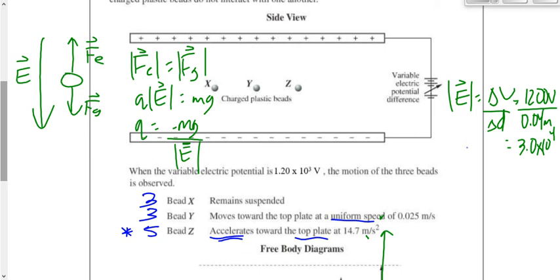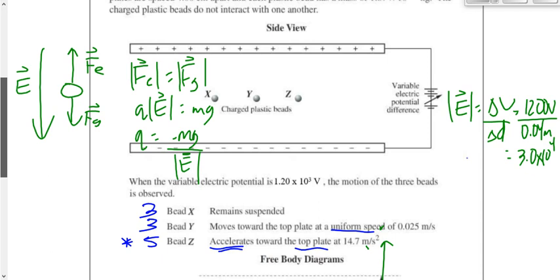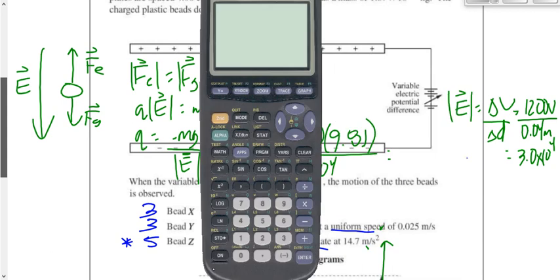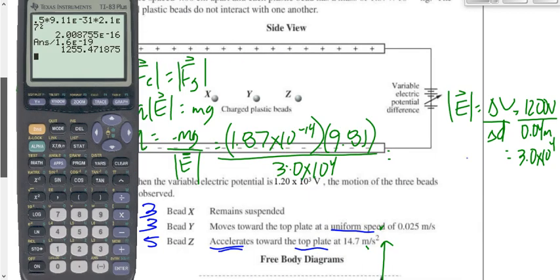The mass of the little plastic sphere is 1.87 times 10 to the negative 14 times 9.81, divided by the electric field strength that we just solved for, 3.0 times 10 to the 4.